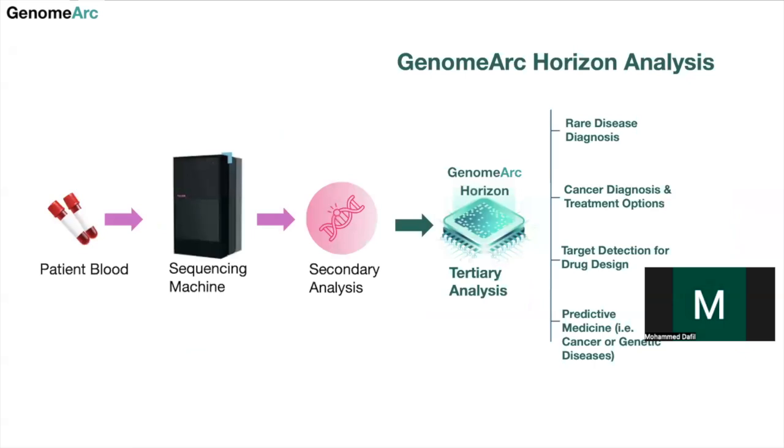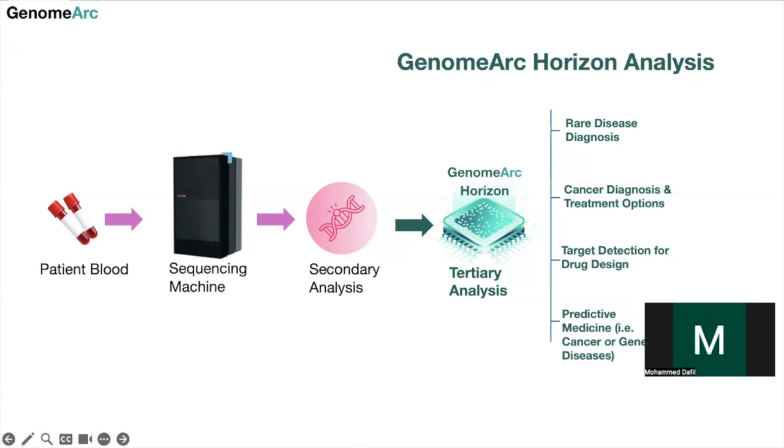So basically, when this case was presented, the patient's blood went through sequencing, as we showed. The secondary analysis is based on the MGI platform, but we used GenomeArc Horizon analysis. It is a tertiary platform that can do rare disease diagnosis based on ACMG, cancer diagnostics based on AMP, and it can also do target detection for drug design and predictive medicine.